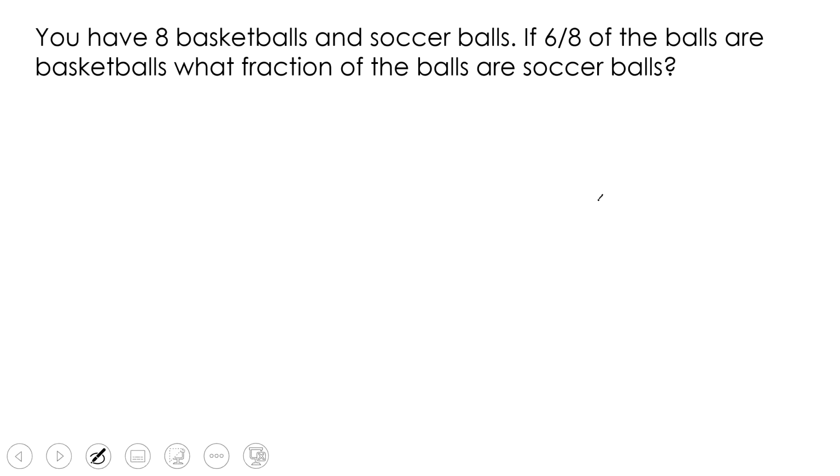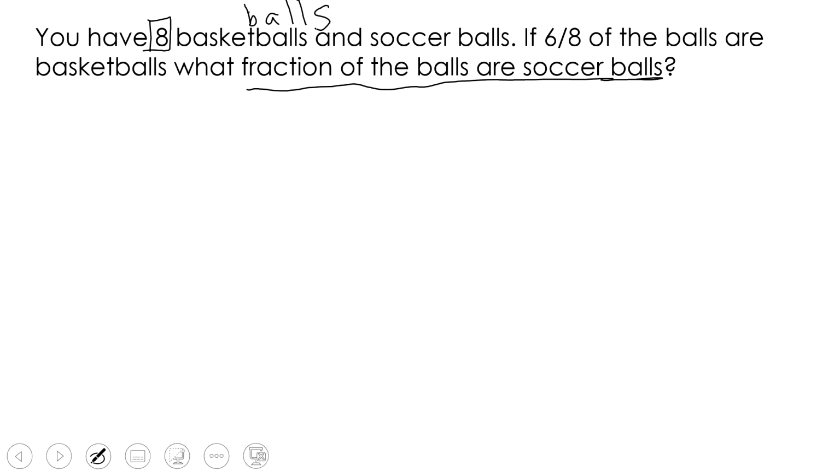So what we're trying to find out is what fraction of the balls are soccer balls. That's what I want to find out. And my important information is I have 8 basketballs and soccer balls. So I've got 8 balls. So you know what? I'm just going to write that up there. I've got 8 balls.